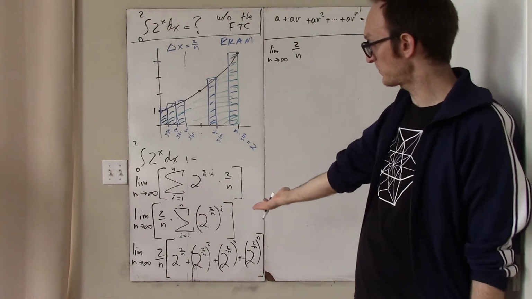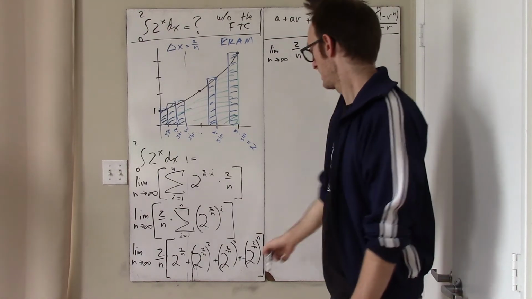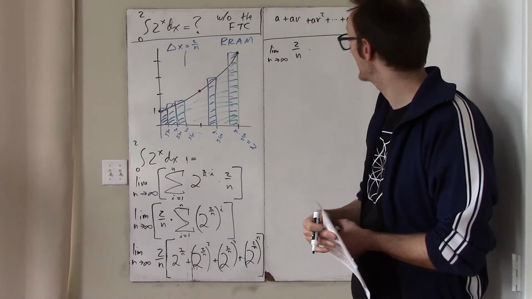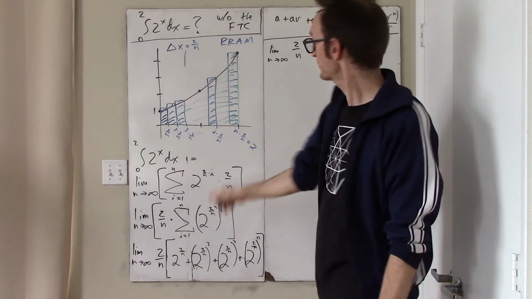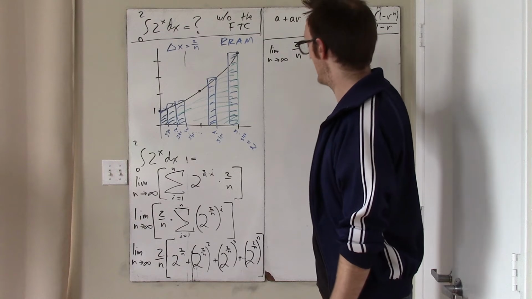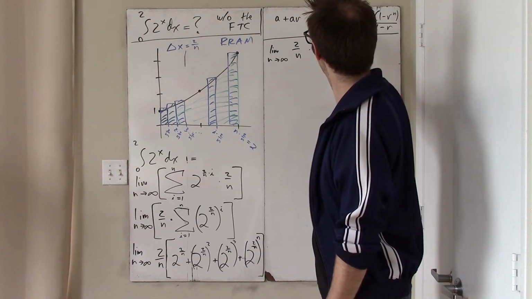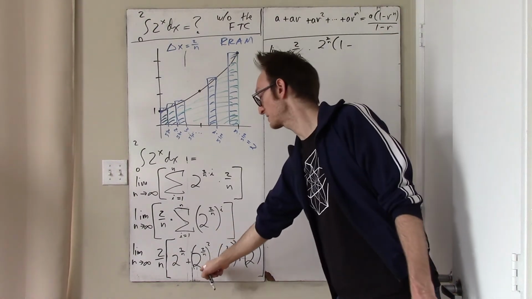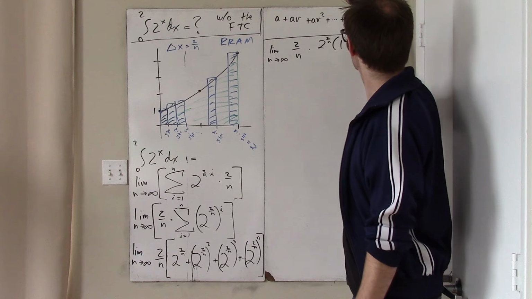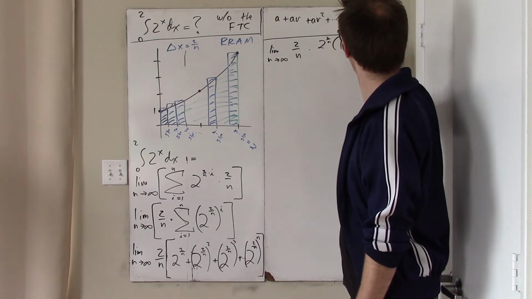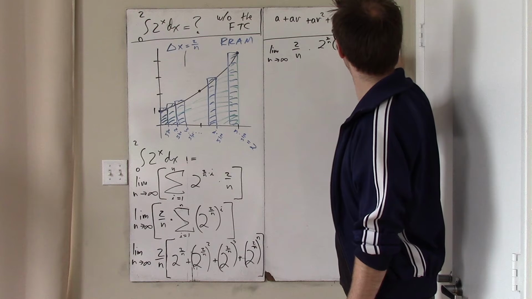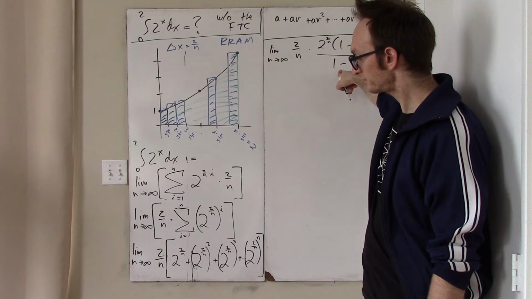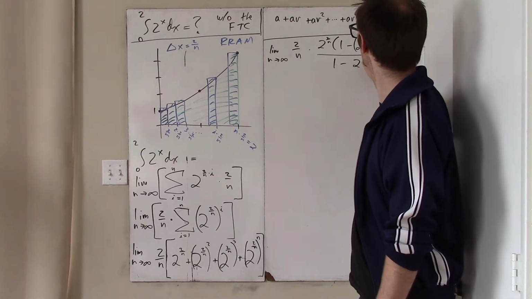And what's up with the sum of the first n terms here of this geometric series? Well, the r in this case is, well, okay. A is the first term, which is 2 to the 2 over n. And r is what I multiply by each time, which is 2 to the 2 over n. So that's 2 to the 2 over n, but all of that is then to the n, over 1 minus r, which is 2 to the 2 over n.